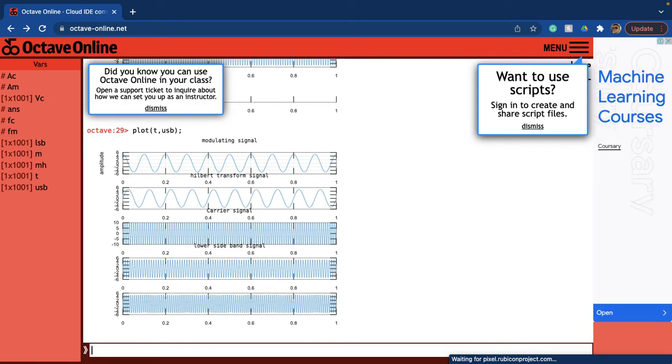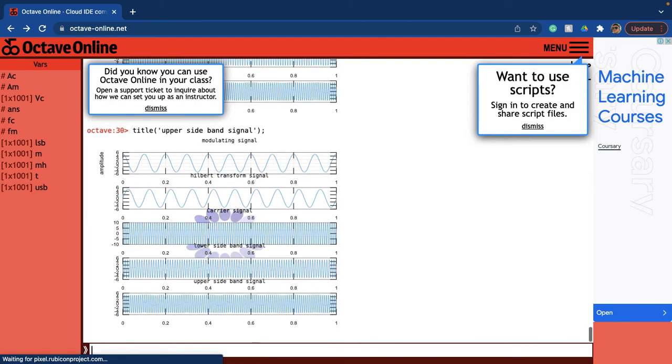So let's get the title, upper sideband signal. All of them should have titles, all of them should have xlabel and ylabel. So write accordingly. And we are done with the single sideband suppressed carrier.